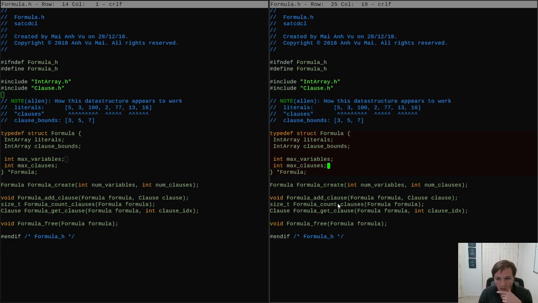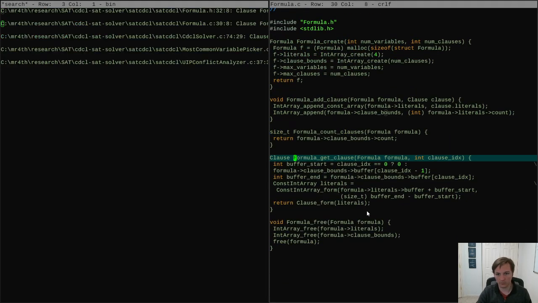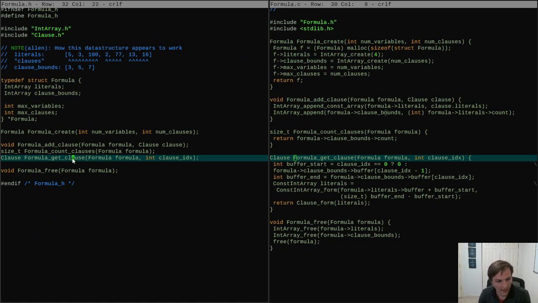Okay. So we can add clauses, count clauses. We can get a clause, and that's probably going to do the thing where it looks up into here and then grabs the range. So let's take a look at that just to confirm the hypothesis. We formed a theory, and now we're going to look at new code that has the opportunity to confirm or disconfirm this theory. Clause index equals.